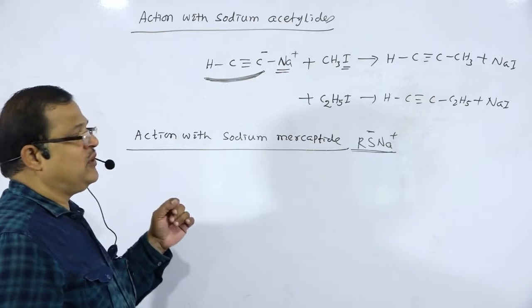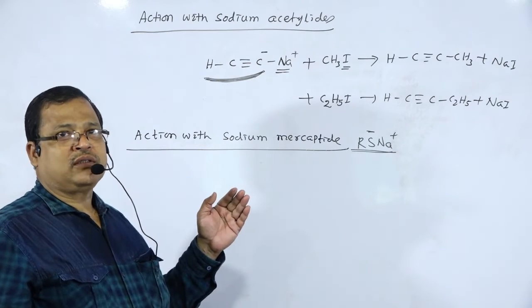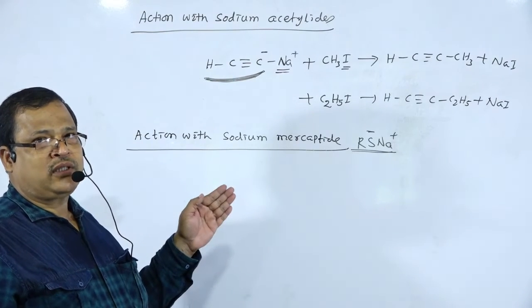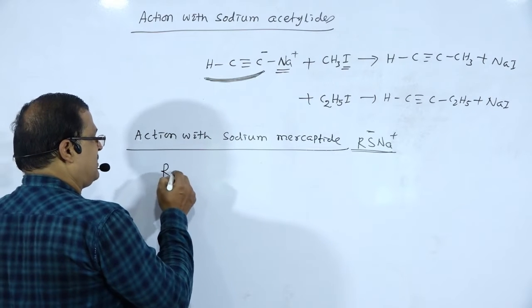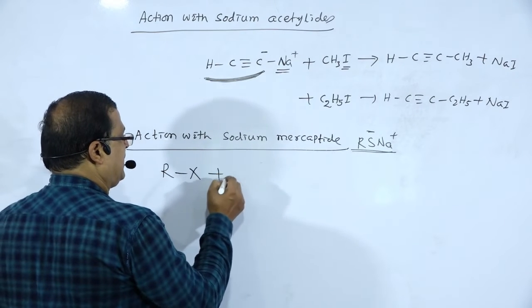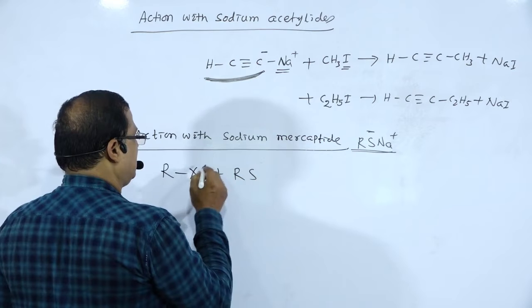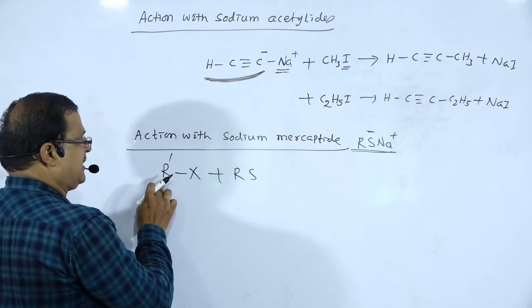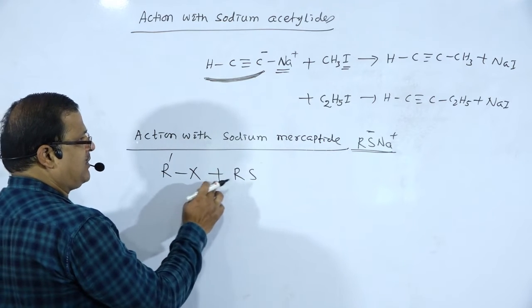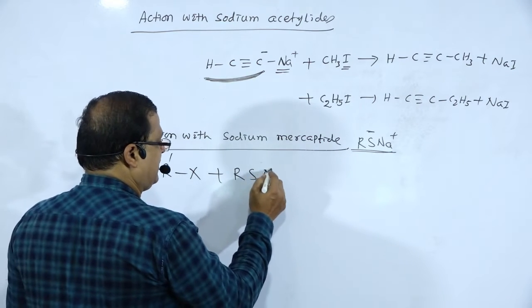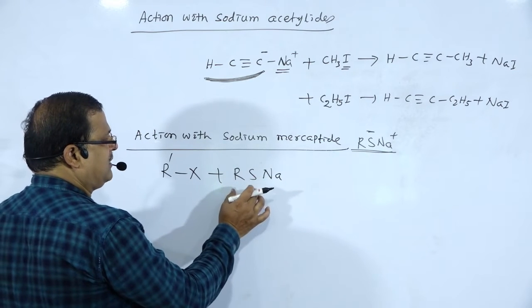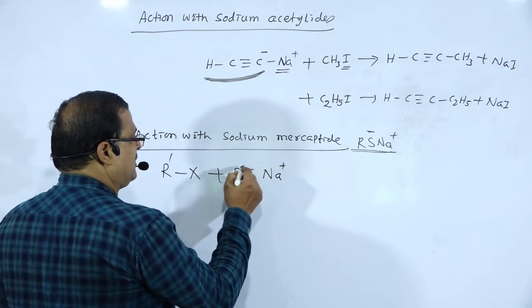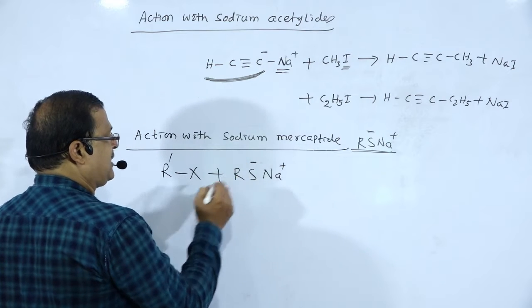In this case we will get thioether. An alkyl halide R'X reacts with RSNa, sodium mercaptide, Na plus RS minus.